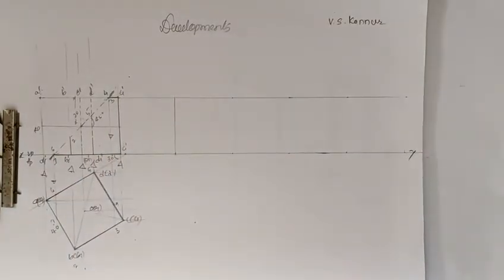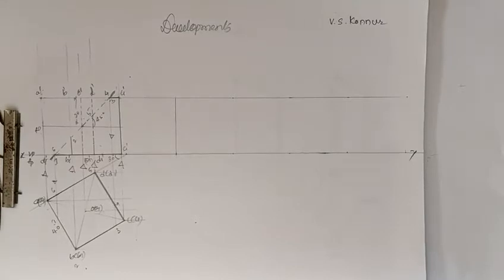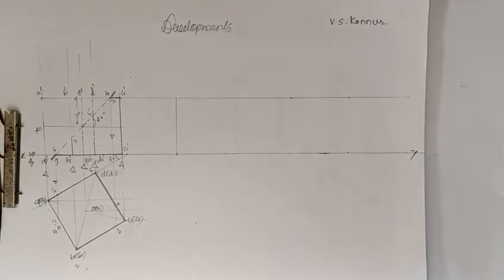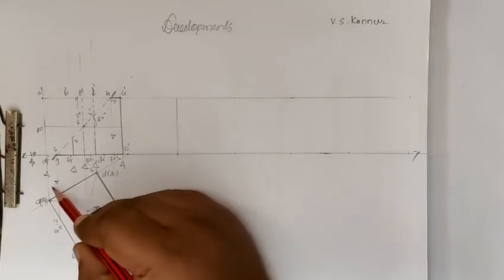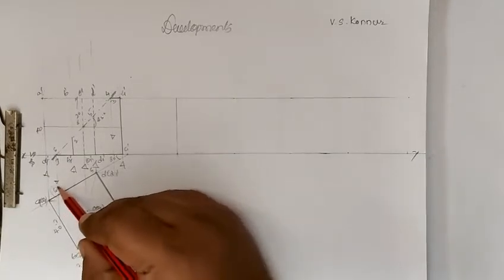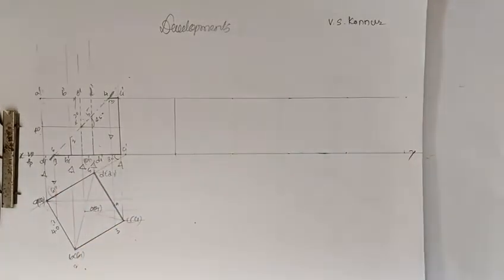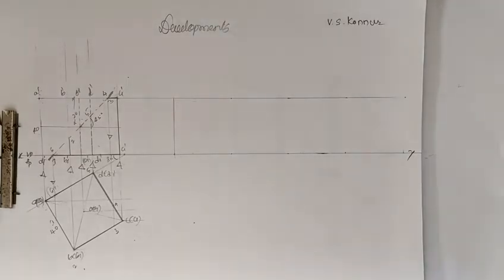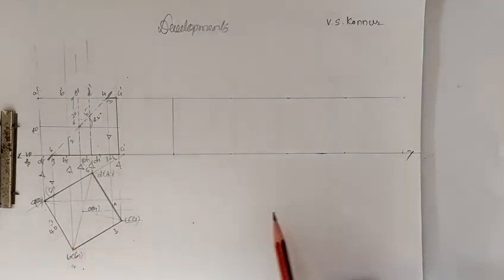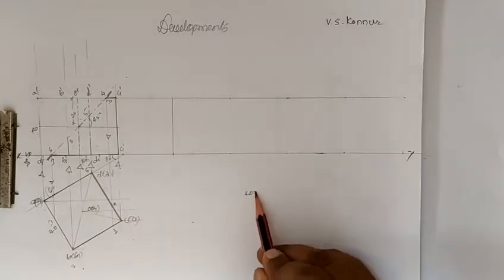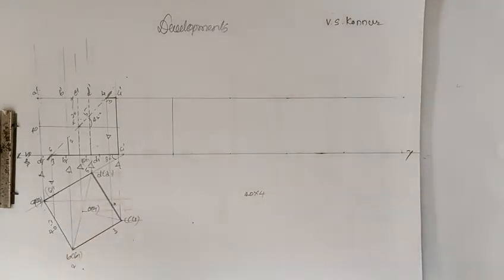So this is the number of cuts there are. Instead of sixth, we are also taking it as 1. We'll explain in construction. Now, one side is 40 millimeter, right. Total it is 40 into 4 sides: 1, 2, 3, 4 sides are there.